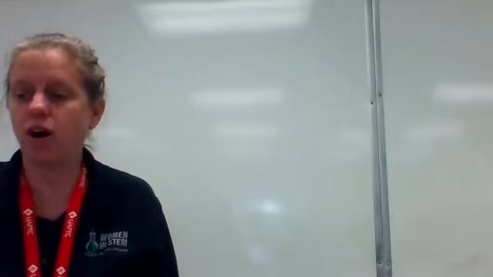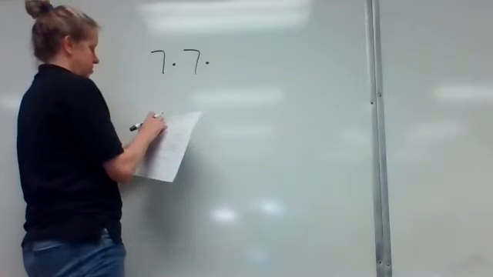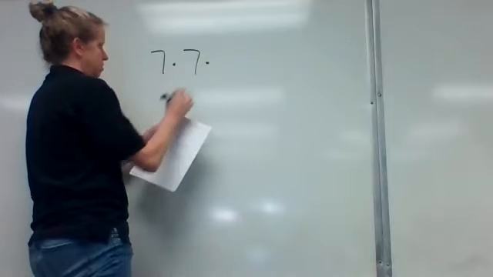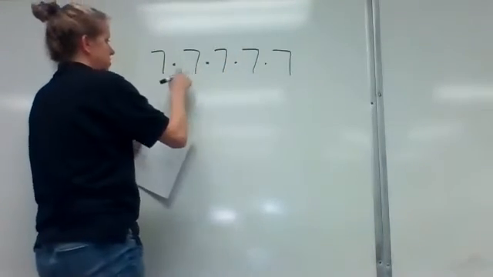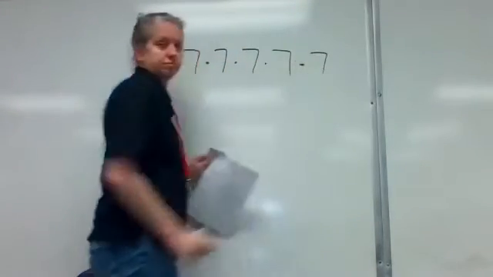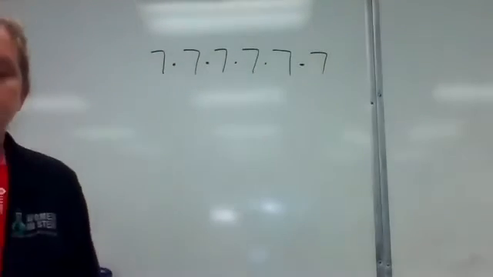Okay, so going into the Chapter 5 review, the first question is on how to write an expression with its exponent, how it will be written in exponential form. You've got a problem that looks like this: 7 times 7, and so on.